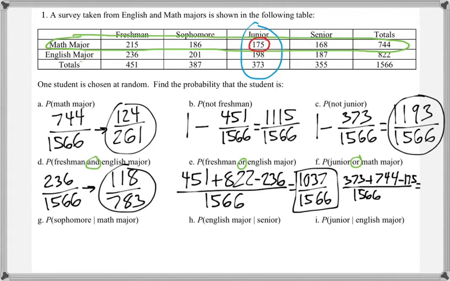And this is equal to 942 over 1,566, which reduces to 157 over 261.